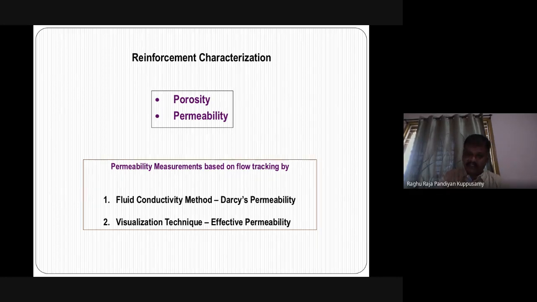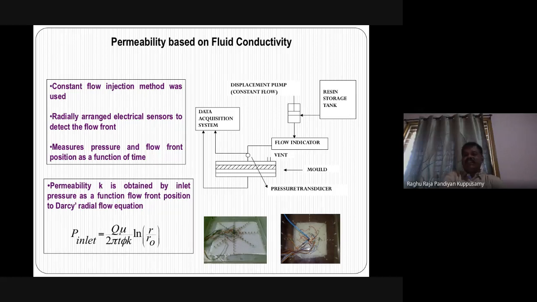You will be able to understand why we need these two methods to find the permeability in the later stage of the presentation. So we have created one setup for measuring permeability using the fluid conductivity method. This is the constant flow injection method.